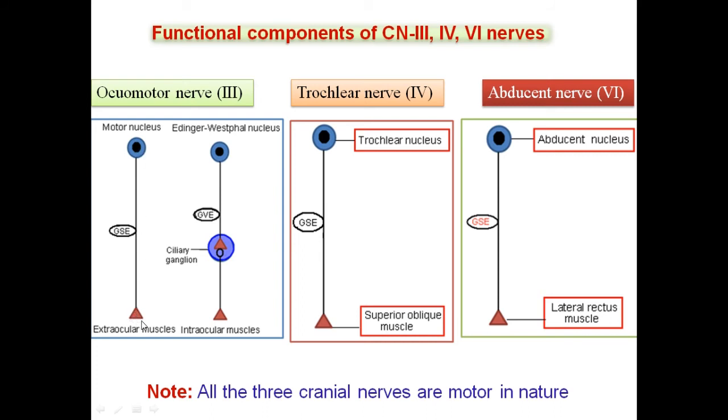The Edinger-Westphal nucleus is purely motor, carrying parasympathetic fibers that synapse in the ciliary ganglion, and then supply the intraocular muscles. The trochlear nucleus carries the general somatic efferent fibers that supply the superior oblique muscle. Similarly, the abducens nucleus, which is the sixth cranial nerve, carries the general somatic efferent fibers that supply the lateral rectus muscle. So all three nerves are motor in nature.